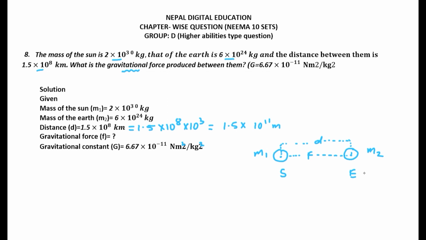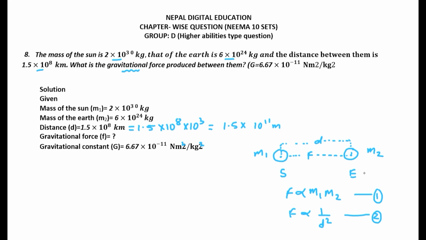So we have to find the gravitational force, and we all know that the law of gravitation states that every body in the universe attracts every other body with a force which is directly proportional to the product of their masses and inversely proportional to the square of the distance between their centers. So this force is directly proportional to the product of their masses m1 and m2, and inversely proportional to the square of their distance.